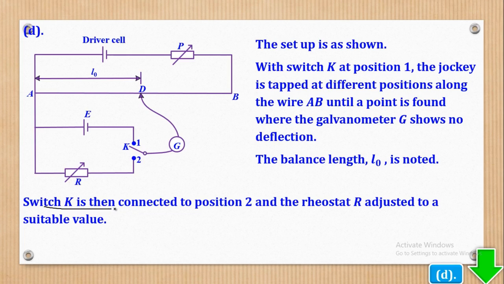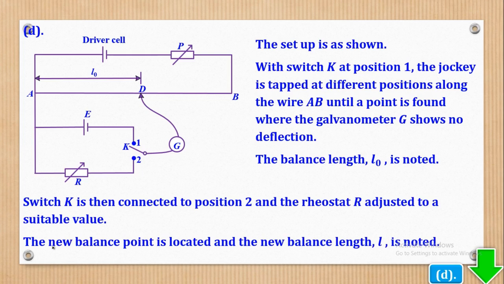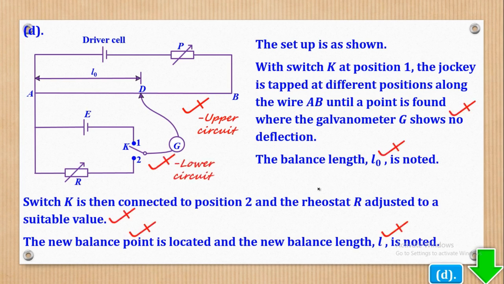Switch K is then connected to position 2 and the rheostat adjusted to a suitable value. The new balance point is located and the new balance length L is noted. So that's how marks for this slide would be awarded.